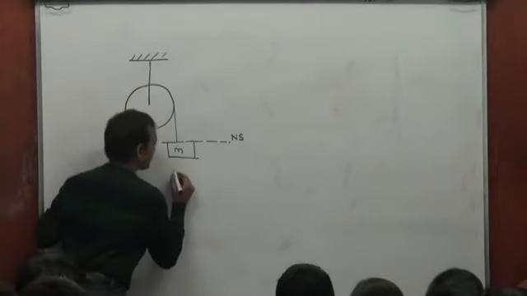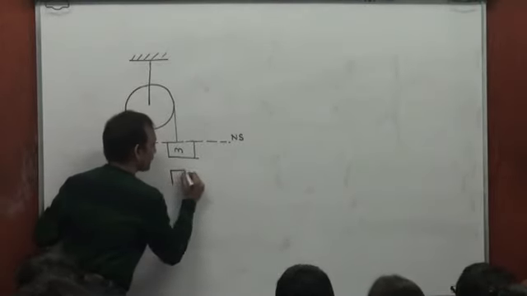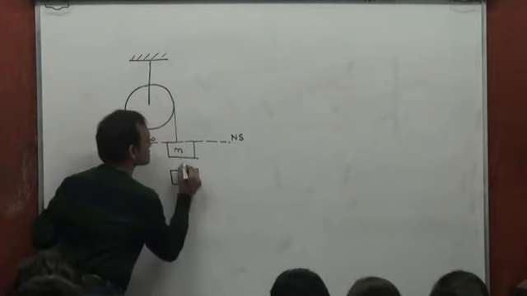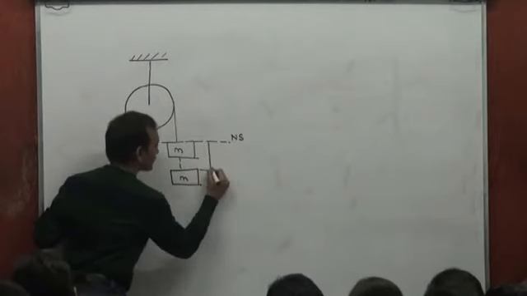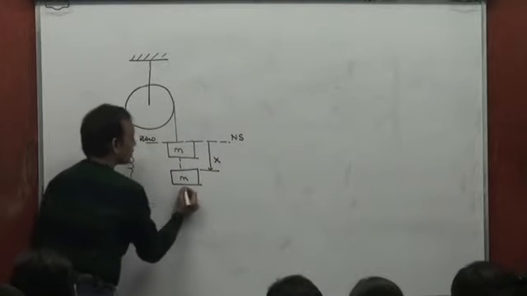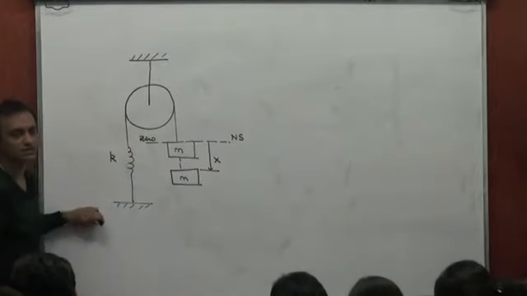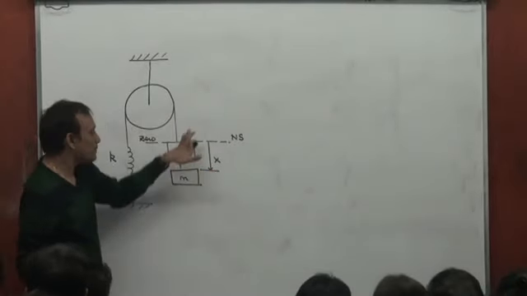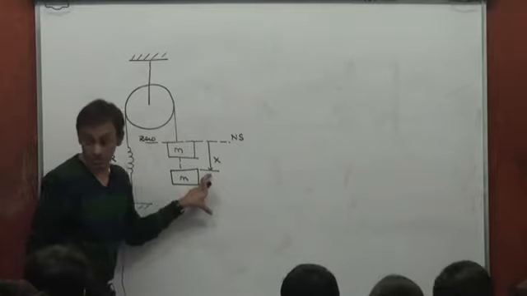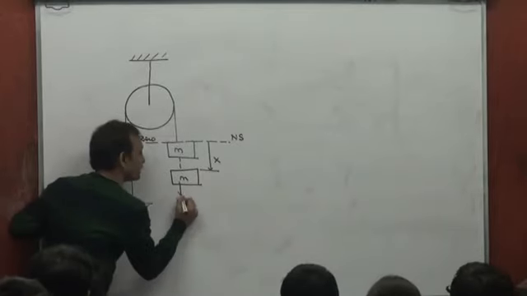Now, think of an intermediate state of this mass, x units below this natural state. By the time the mass has descended x units, let's say it has acquired a velocity v.